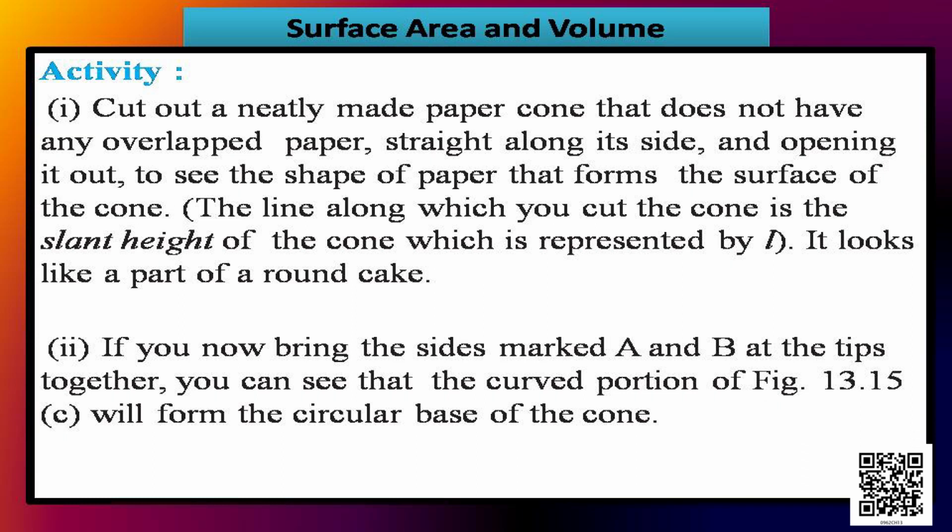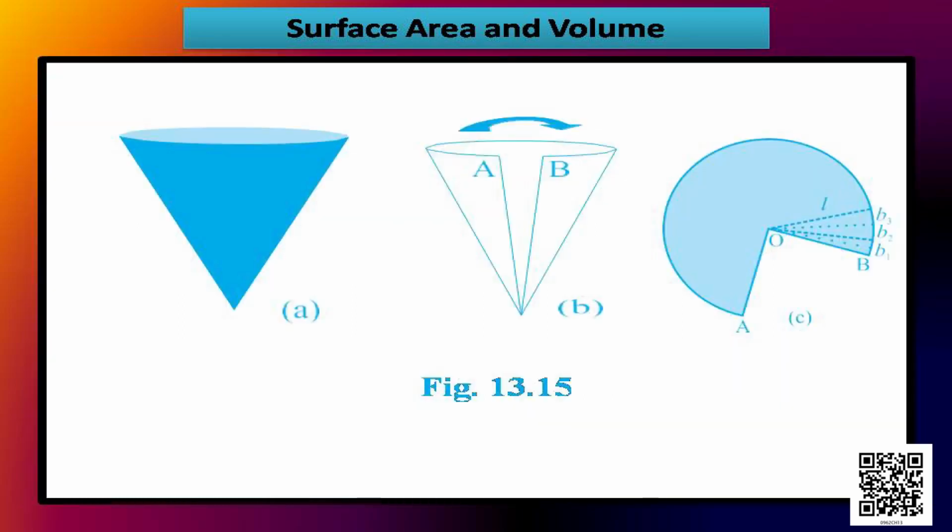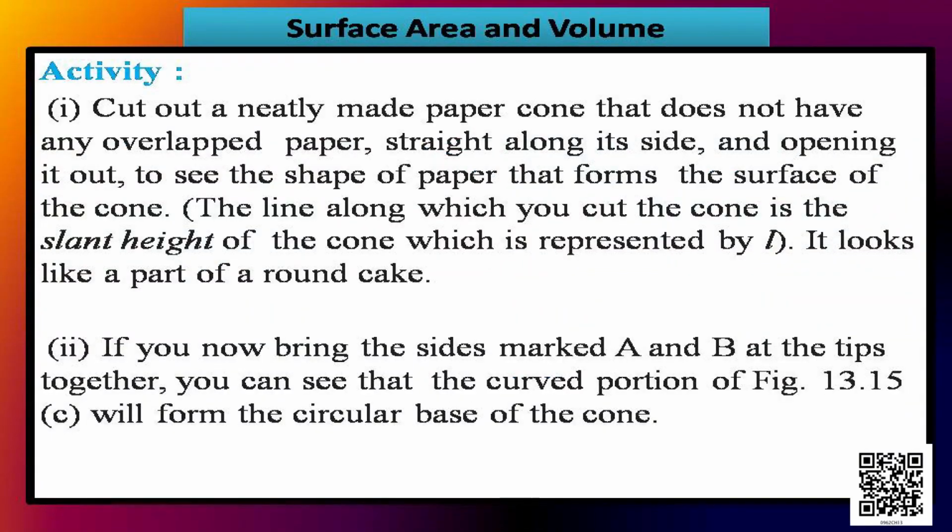It looks like a part of a round cake, isn't it? If you now bring the sides marked A and B at the tips together, you can see that the curved portion of figure 13.15c will form the circular base of the cone.